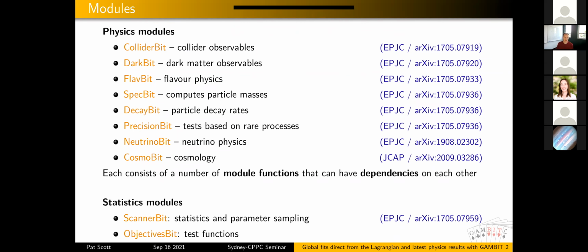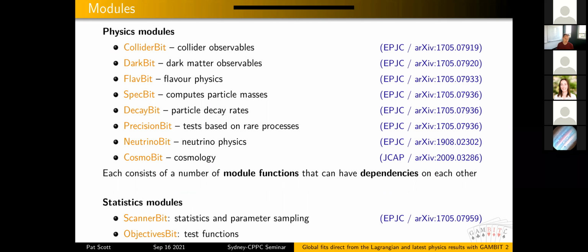DecayBit does the decay rates of new particles and also standard model particles. PrecisionBit takes care of precision tests of new physics, so typically things based on very rare processes. There's a relatively new couple of bits in the last couple of years, NeutrinoBit and CosmoBit, so neutrino physics and cosmology.